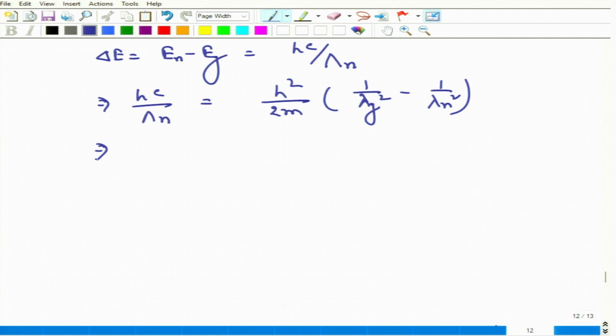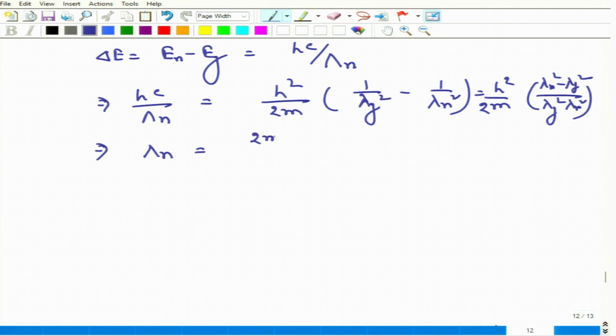So from here, if you take the LCM, it will be lambda g square lambda n square, and it should be lambda n square minus lambda g square. So lambda n should be, h will be cancelled, it will be 2m divided by h, and c will be there, and this will be flipped.